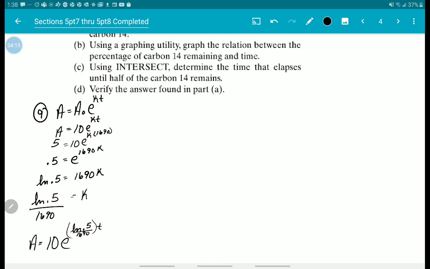So now they're asking how much is going to be present in 50 years. So we need to find A of 50. So all of this is in the exponent.